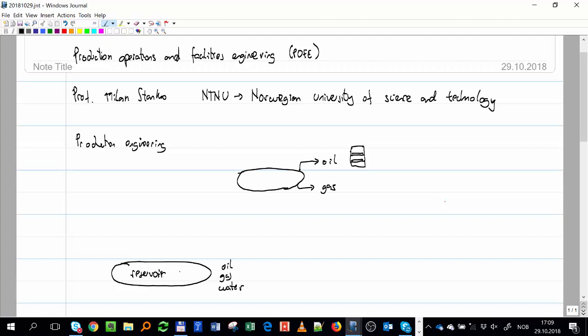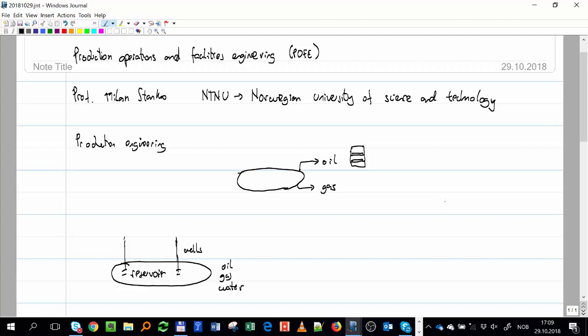Okay, so from that process, we have the reservoir, all the way, and something in between, which, if we put it very schematically, are wells, the things that you stick into the formation, into the reservoir, to drain the reservoir. Okay, so you have wells and a bunch of equipment.